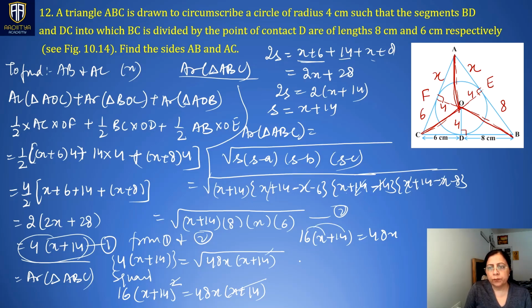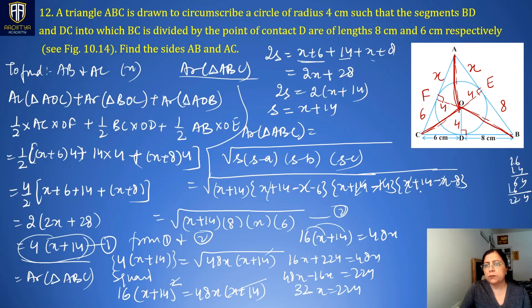Open this now. This becomes 16x, and 16 into 14 is 224. So 224 is 48x. So we have 48x minus 16x is 224. 48 minus 16 is 32. 32x is 224.